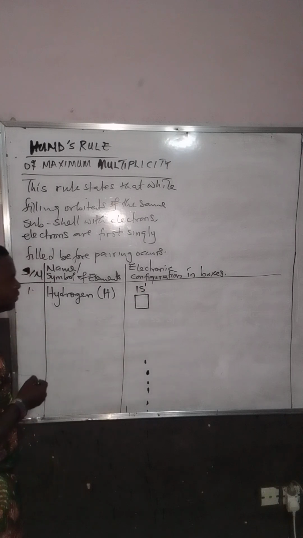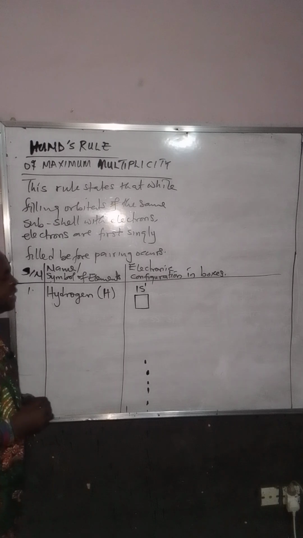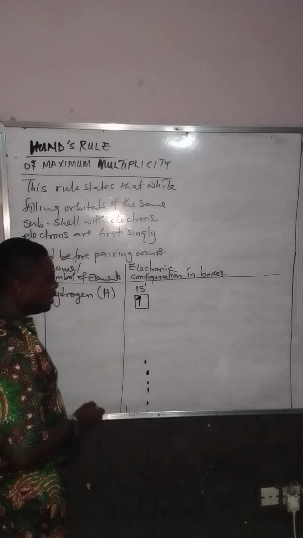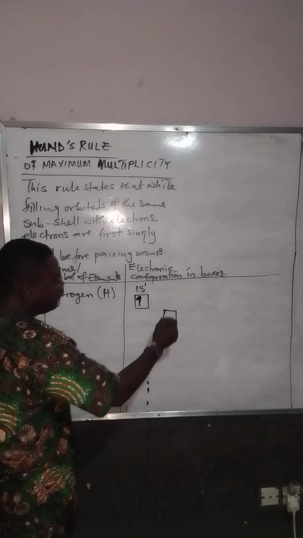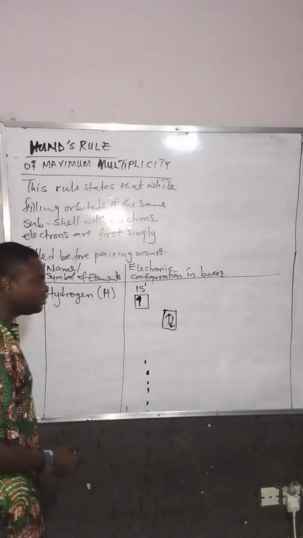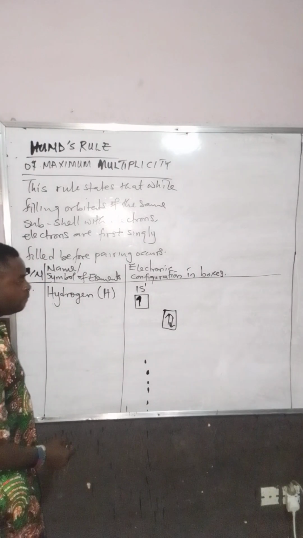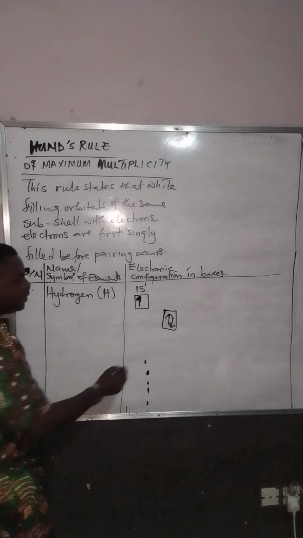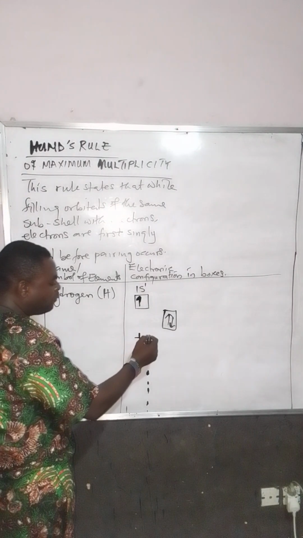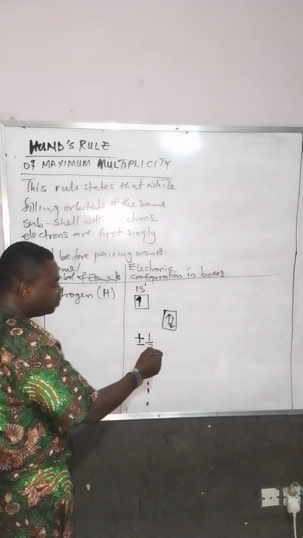In this box, we are representing electrons with half arrows. Mind you, not full arrows. I've seen some textbooks that put full arrows like this, like Essential Chemistry. It's very wrong, because this half arrow means spin quantum number, plus or minus 1 over 2.